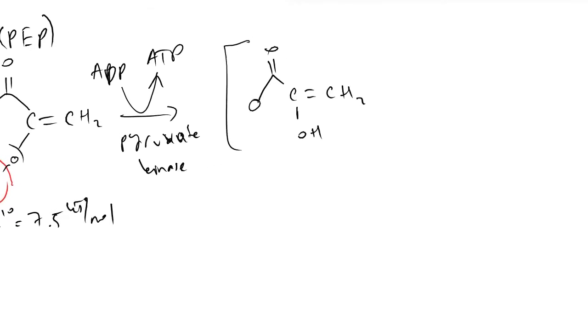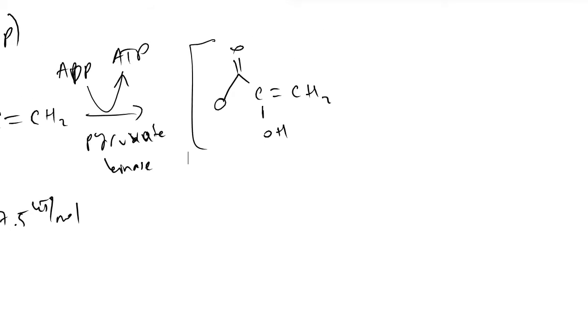But the enol form of the molecule is much less stable than the keto form, and the keto form, with the correctly drawn equilibrium relationship, looks more like this. Instead of this carbon being an enol, this carbon will still be sp2 hybridized, except it will now be a ketone instead, and this will simply be a methyl group.